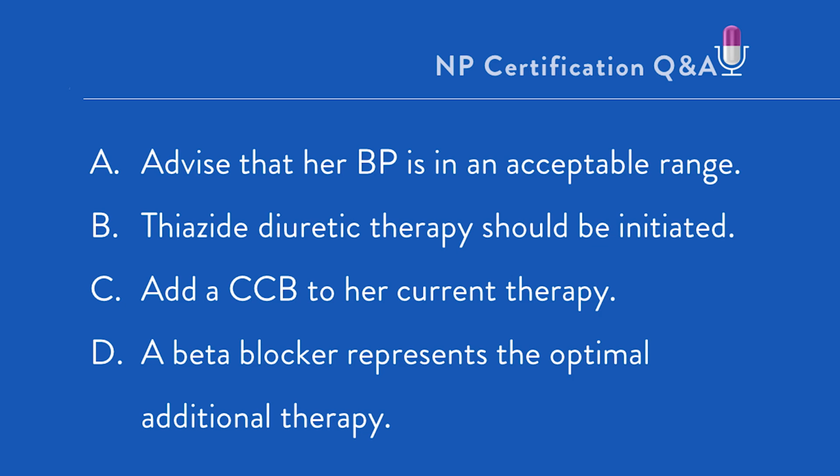I understand sometimes in practice, we'll have patients say, oh yeah, I take my med every day, and then you discover later on that they're actually not taking it. On the boards, if it says a patient is adherent with therapy, they're adherent with therapy. And that's a fact, and it's an important part of the data given to you about this patient. We can't blame her high blood pressure on the fact that she's not taking her medication.